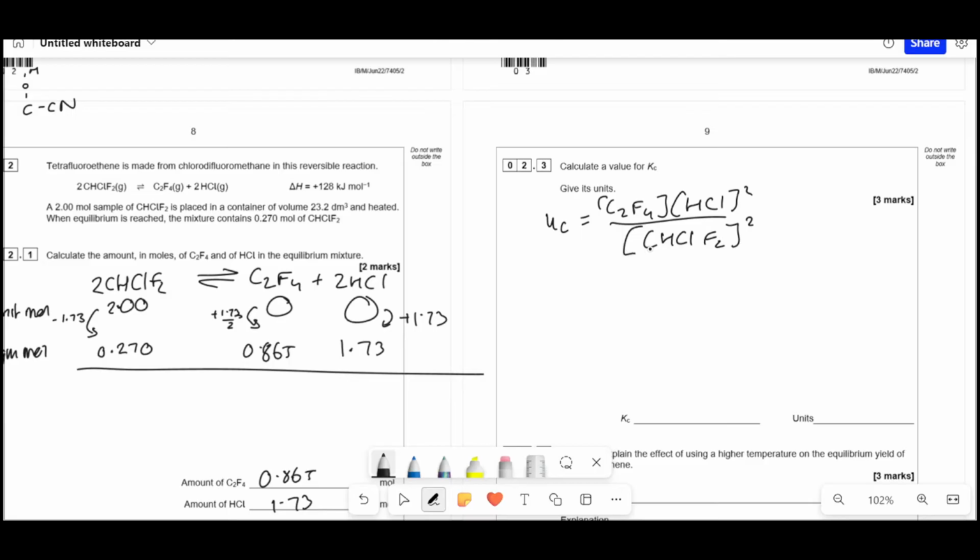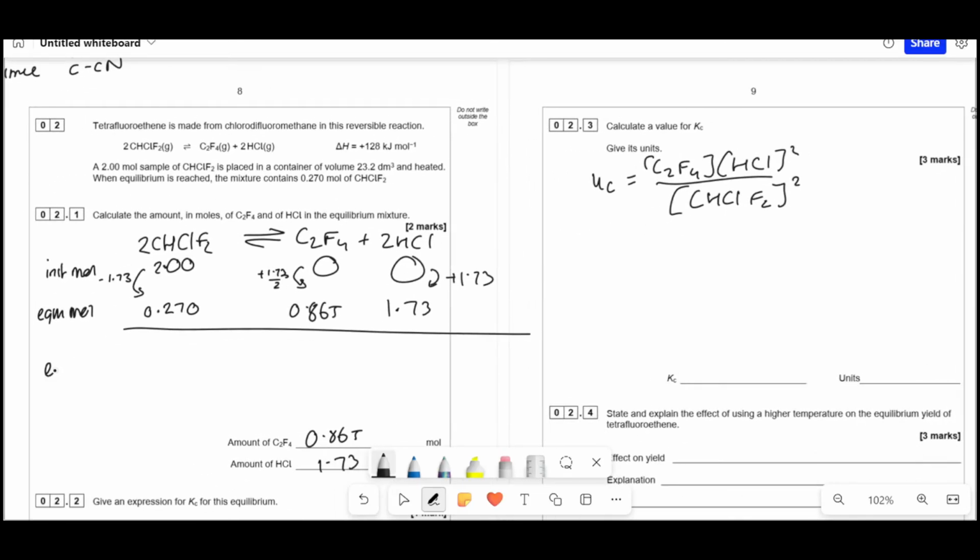So we need to put the numbers in. We've got the moles of everything at equilibrium, but not its concentration. So let's work out our equilibrium concentrations. Remember that n equals cV, so c equals n over V. And they've told you the volume here. So 0.270 divided by 23.2, which, because it's already in decimeters cubed, that's very nice of them, gives you 0.01164.